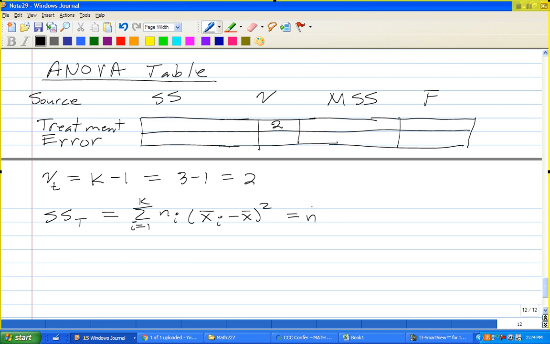This will just be N1 times (x̄1 minus x̄) squared, plus N2 times (x̄2 minus x̄) squared, plus N3 times (x̄3 minus x̄) squared.